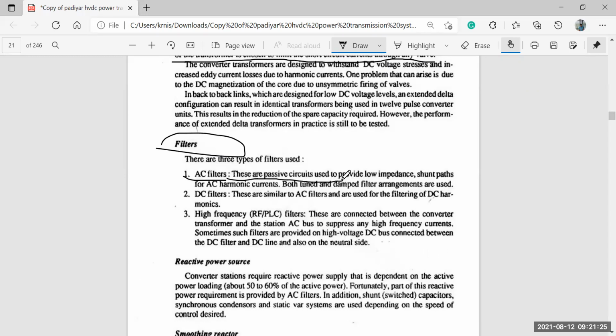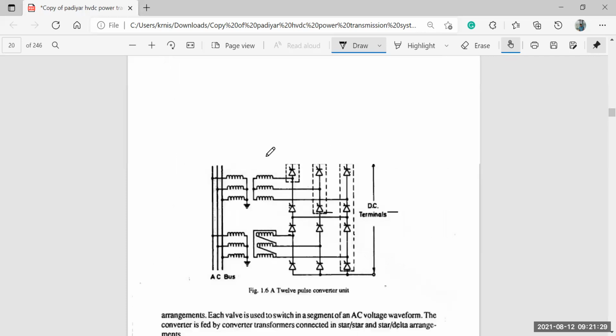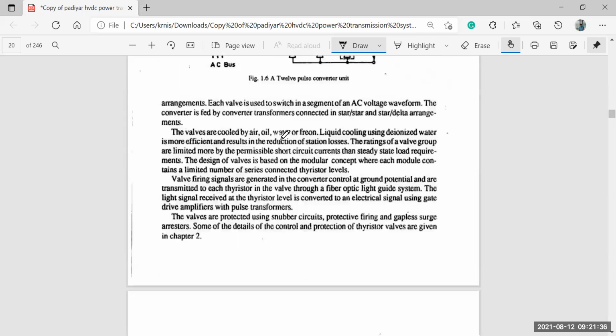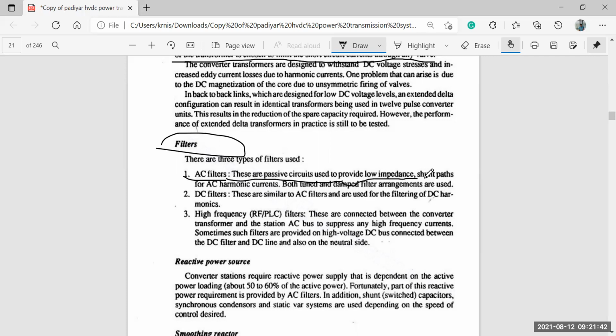Why passive circuits, you could understand with the help of the figure. These are passive circuits used to provide low impedance shunt path for the AC harmonic current. Both tuned and damped filters arrangements are used.